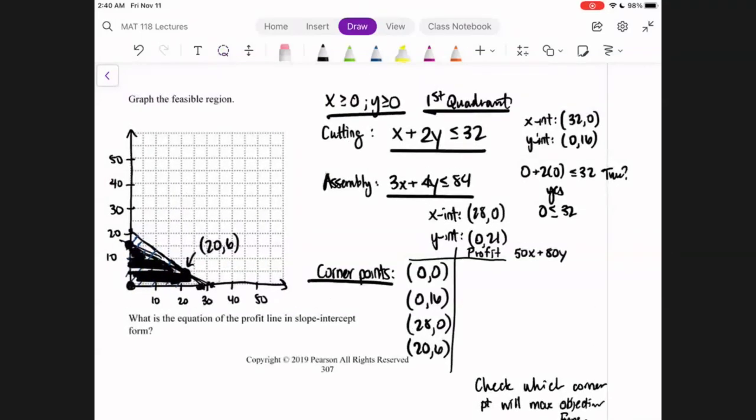So check each one. What that means is I want to plug it in. So this would be 50 times 0 plus 80 times 0. And this is 0. So obviously if you don't make any tents, you're not going to make any money. And then you check the next one, 50 times 0 plus 80 times 16. All right. What would that give me?